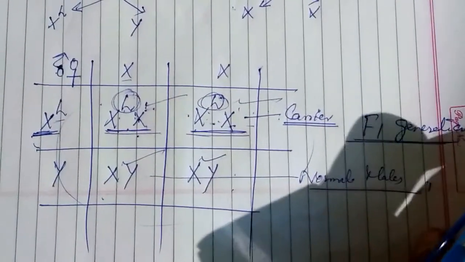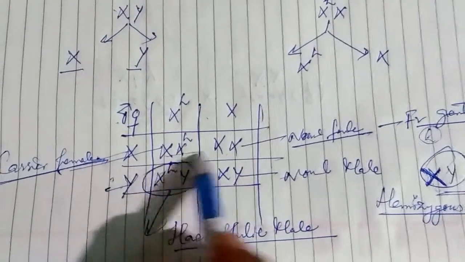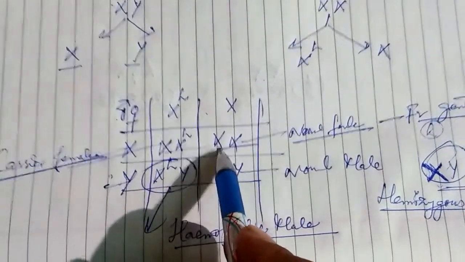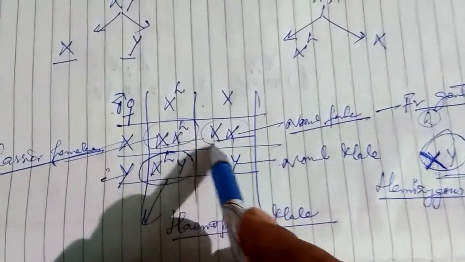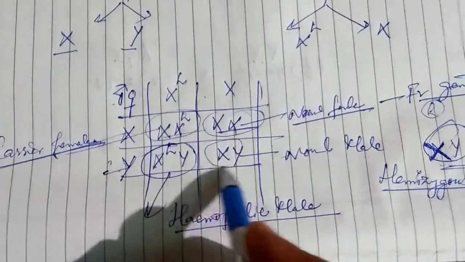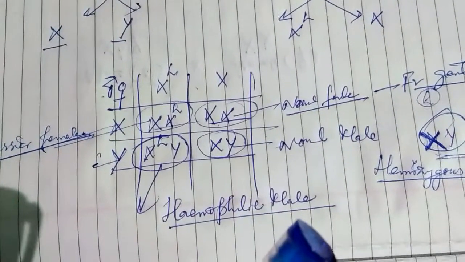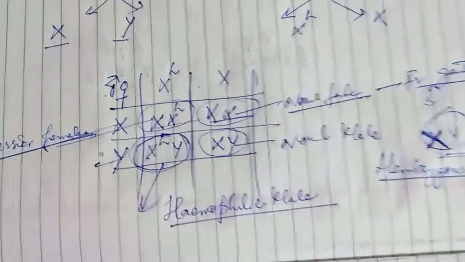Now we should move on to the third generation. You see, in this generation this is a carrier female, this is a normal female, meaning 50% of the females are carriers for hemophilia and 50% are normal. This is a normal male, meaning 50% of the males in the F2 generation are normal and 50% are hemophilic.